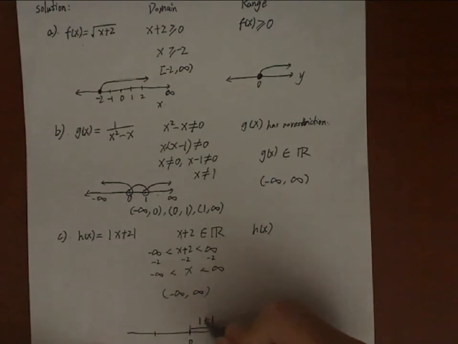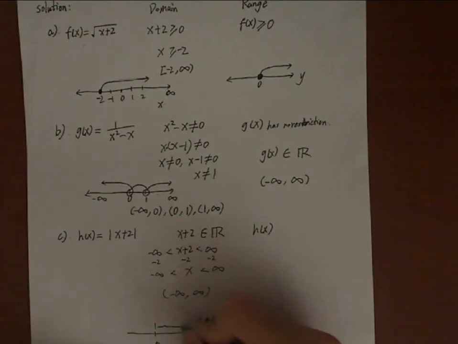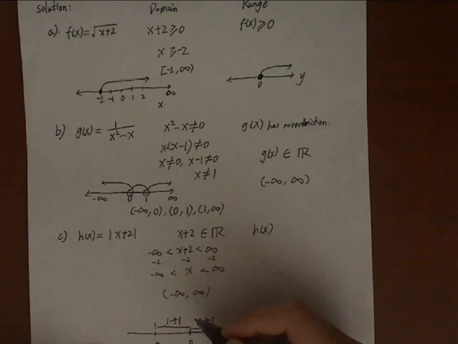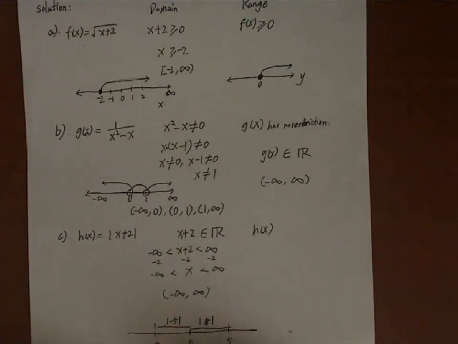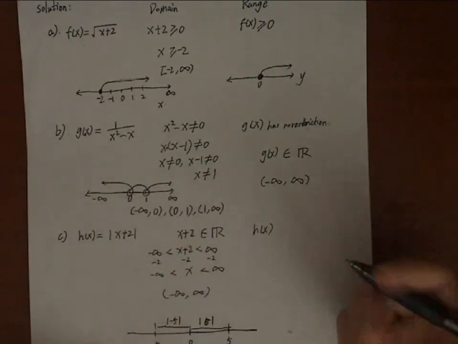This is what it means. If I have the absolute value of 5, the distance is 5. If I got negative 5, the absolute value of negative 5 is also a distance. They are both equal. The distance to the left and the distance to the right are the same. It's like 5 to each side.